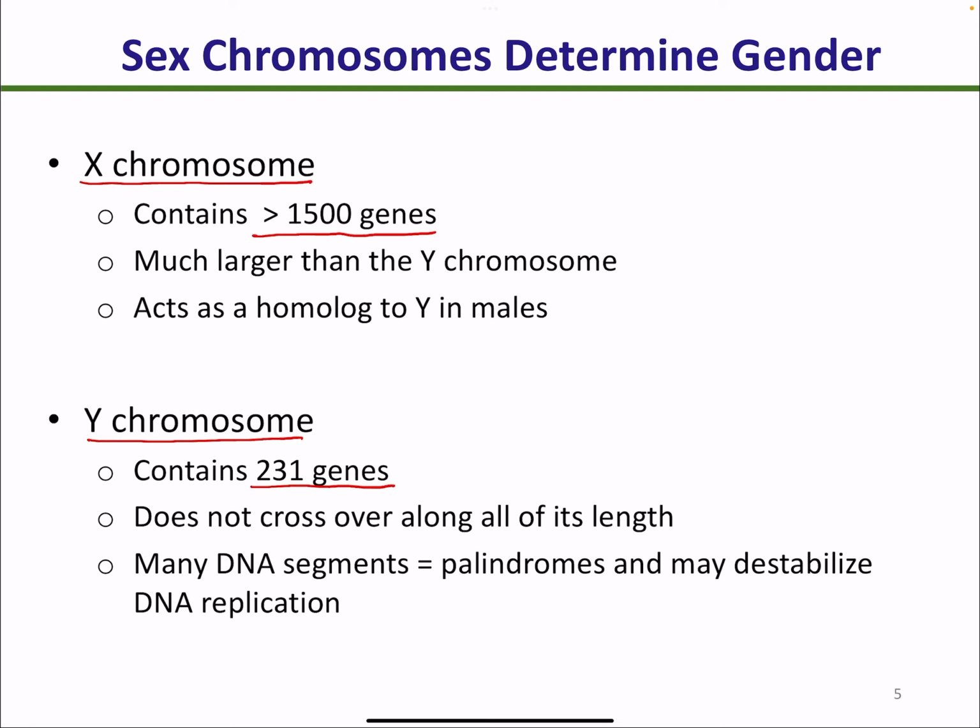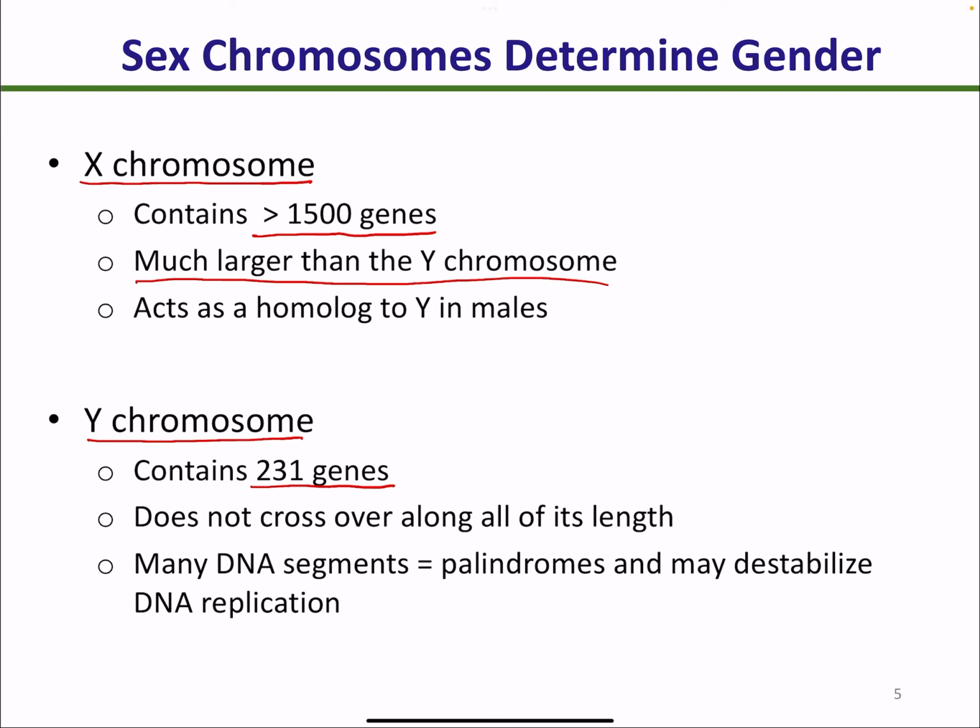That's a huge difference. And this shows why, when we looked at the picture earlier, the micrograph, we saw the X chromosome being much longer than the Y chromosome. Makes sense. So the X chromosome is much larger than the Y chromosome.